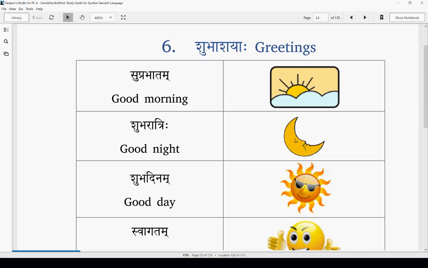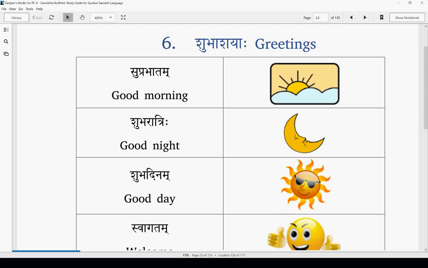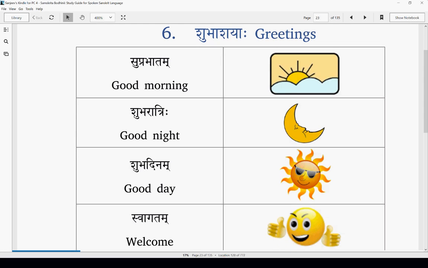Also for the greetings we have the word Shubhashayaha, which is the plural form of Shubhashayaha. Greeting. You can use this in your conversation whenever possible.